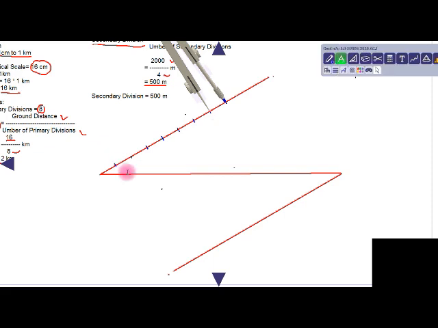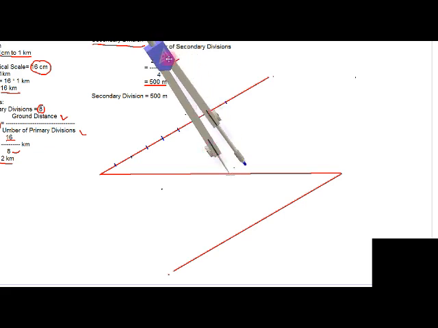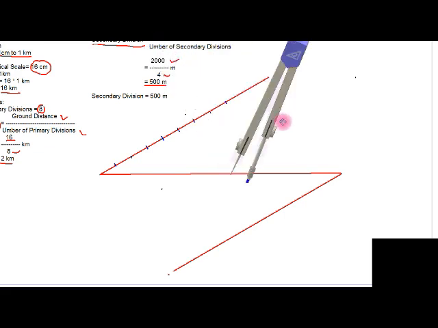So by the specific distance, the one diagonal line from the beginning we have to divide into 8 divisions: 1, 2, 3, 4, 5, 6, 7 and 8.